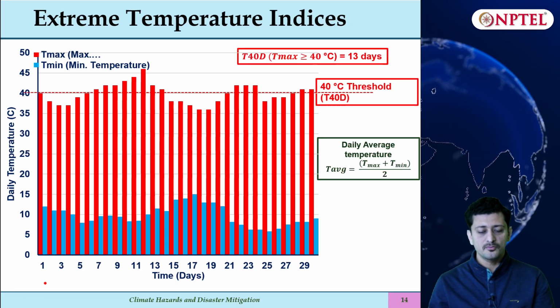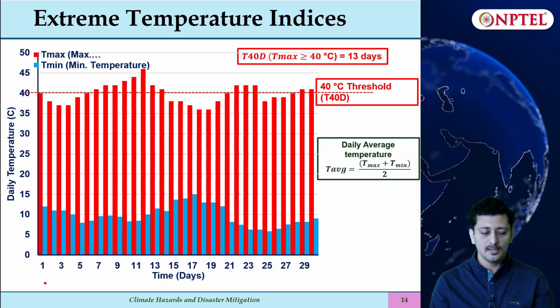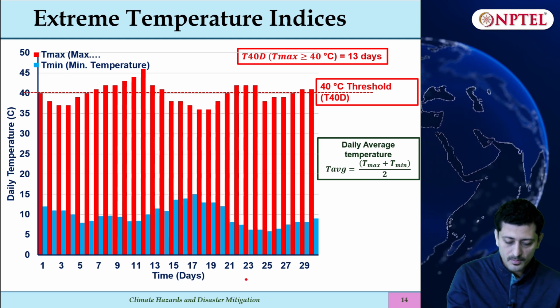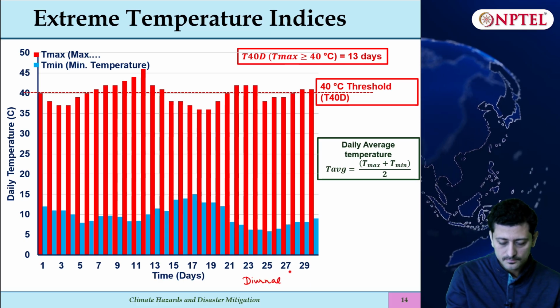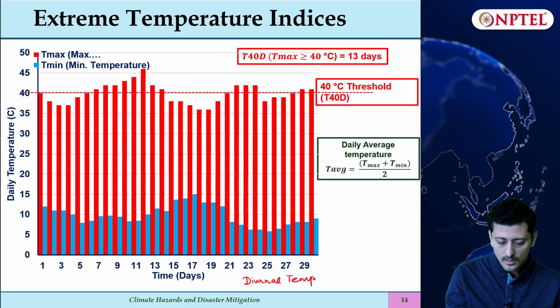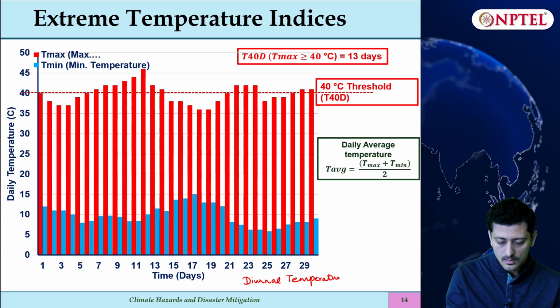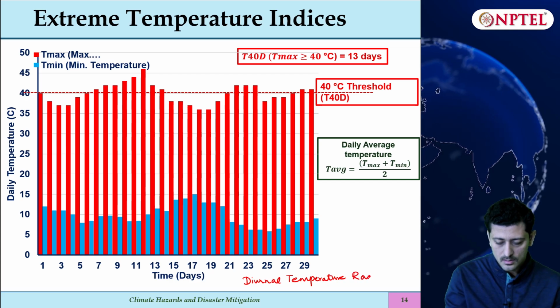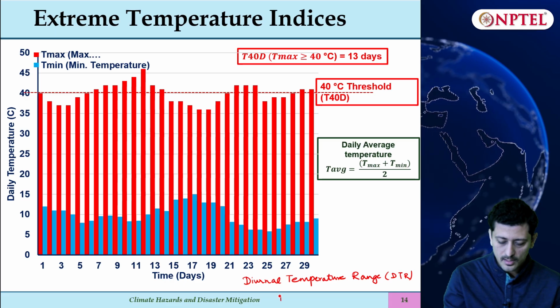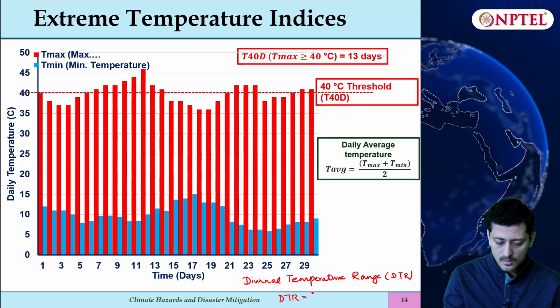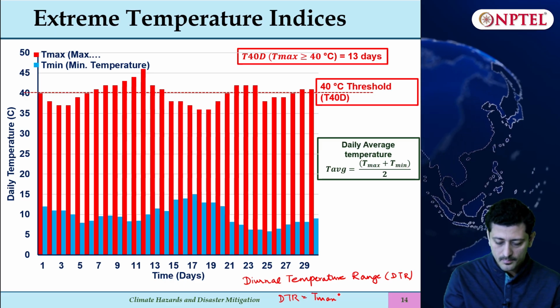If I take the difference between the Tmax and Tmin, that becomes the diurnal temperature range, called DTR. So your DTR is Tmax minus Tmin.